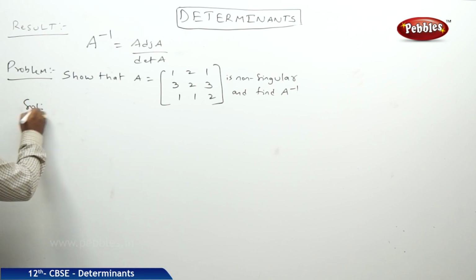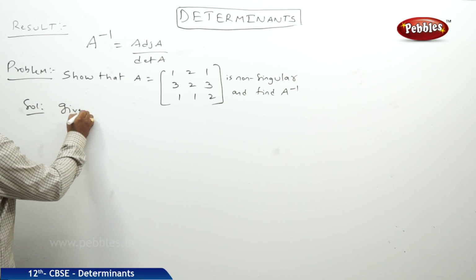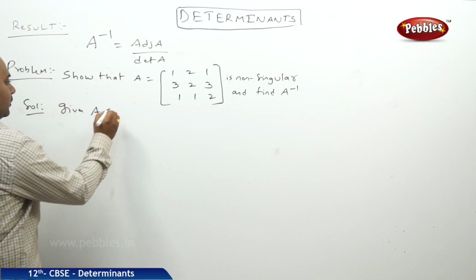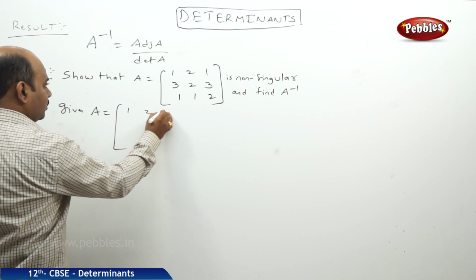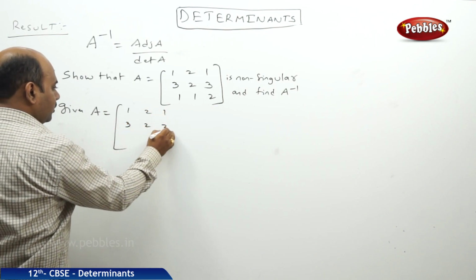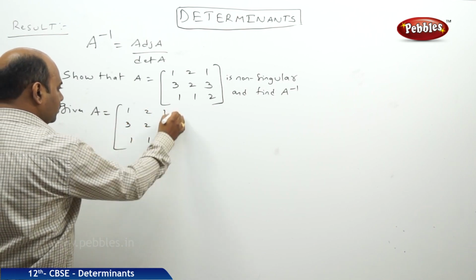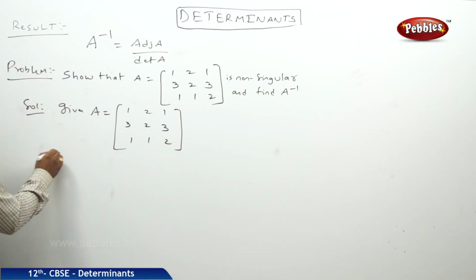Given capital A is equal to 1 2 1, 3 2 3, 1 1 2, I want to find the determinant.